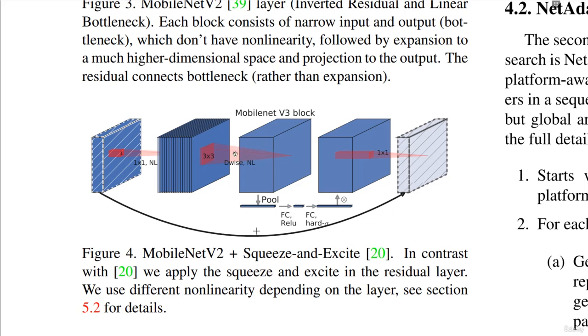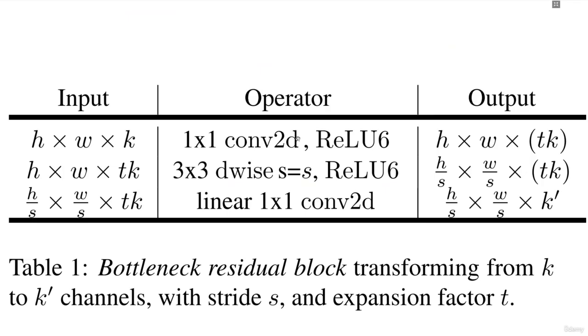depthwise conv layer. Then if we look back at the MobileNet version 2 paper where we had this defined, we had this input HWK, and then with the 1x1 conv layer and ReLU 6 we had the output HWTK, meaning we had TK filters.